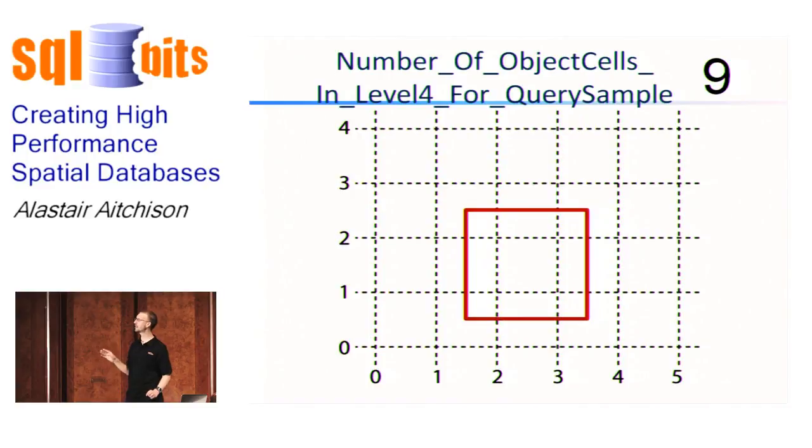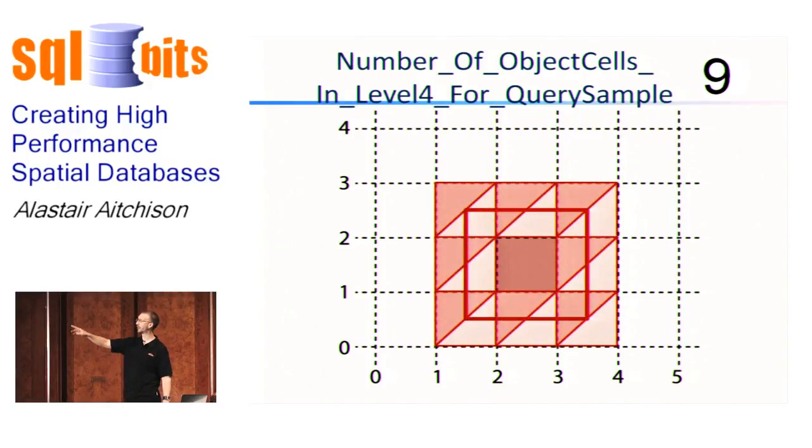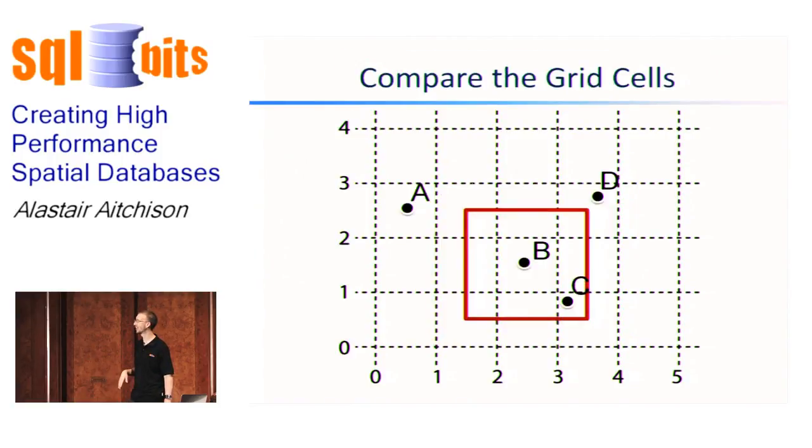So we also say, how many level 4 cells are there in the query sample? Well, there are 8 cells around the outside that partially intersect the geometry, and there's also 1 cell in the middle there that's completely covered. And we store all of those in the index, and we also store a little flag to say, was this partially intersected or fully covered? And we'll use that flag in a minute to answer one of the questions.